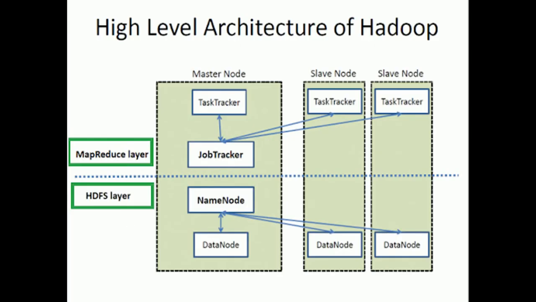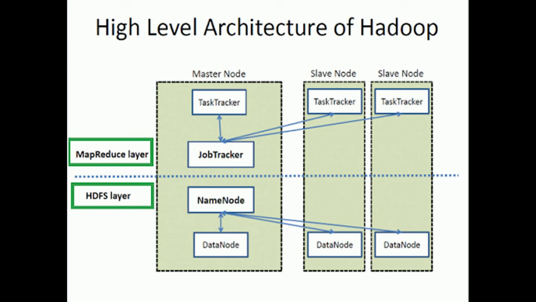If you look at this high level architecture of Hadoop, basically there are two core components, one is HDFS, second is MapReduce. All this architecture is nothing but a network of master and slave nodes. The master node has the job tracker and name node.